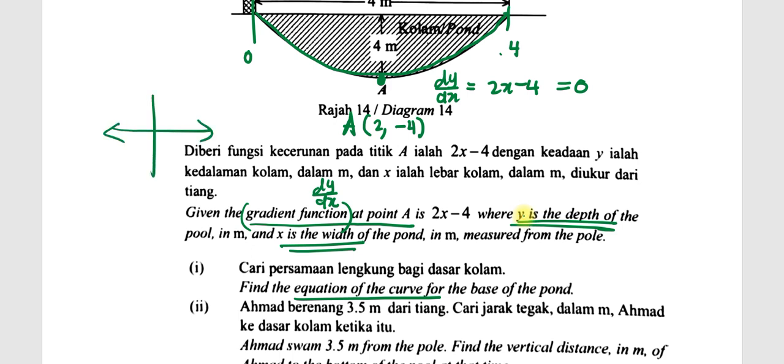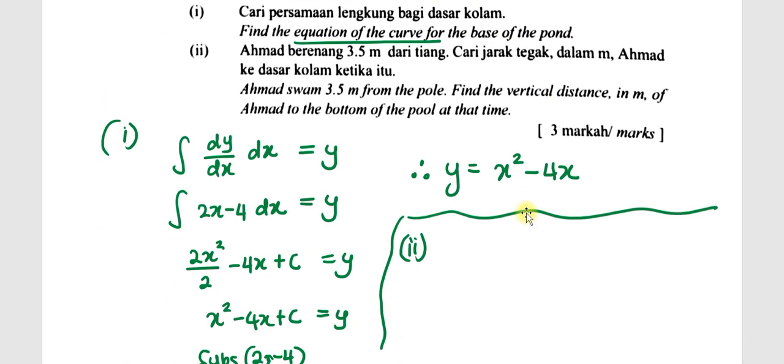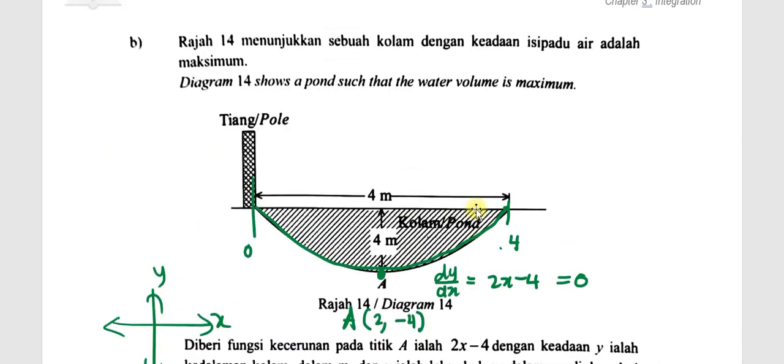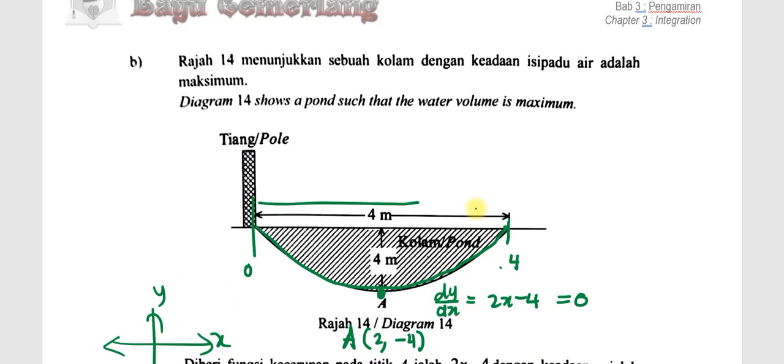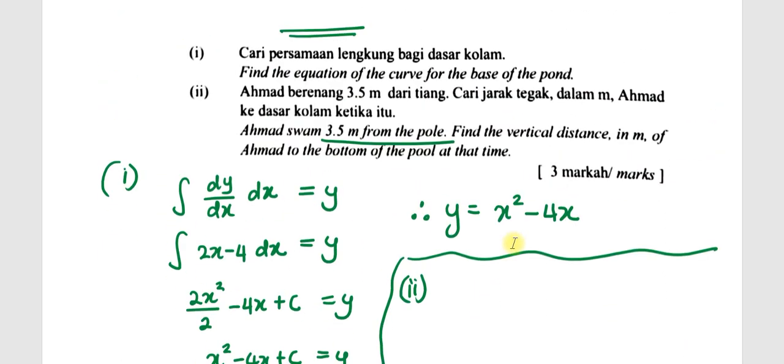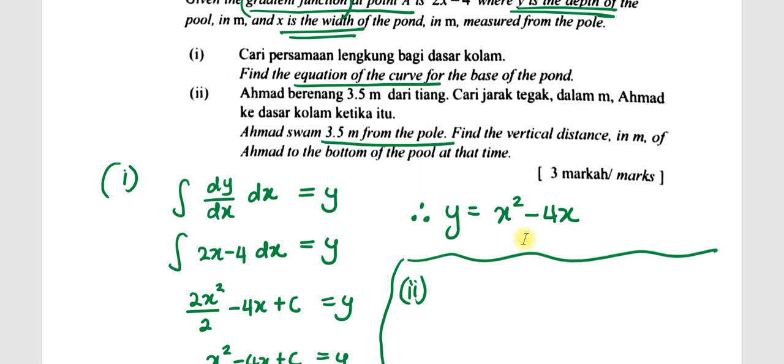Depth means like this. This is your y, this is your x. Okay, right. Now, let's say Ahmad swam 3.5 meter from the pole. 3.5 meter. Should be more than this, okay. If it is at 3.5 meter, what should be the vertical distance in meter of Ahmad to the bottom of the pool?